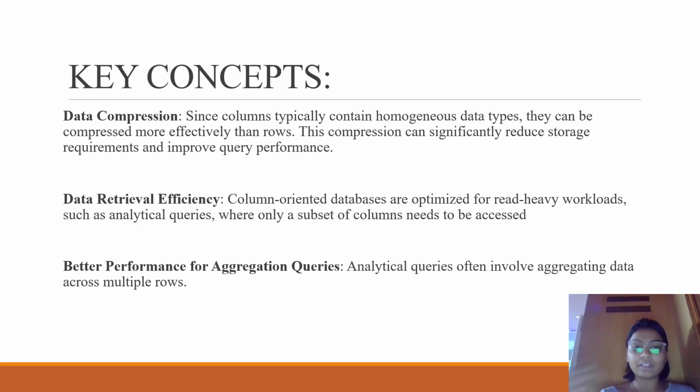Data retrieval efficiency: column-oriented databases are optimized for read-heavy workloads such as analytic queries where only a subset of columns need to be accessed. Better performance for aggregation queries: analytic queries often involve aggregating data across multiple rows.